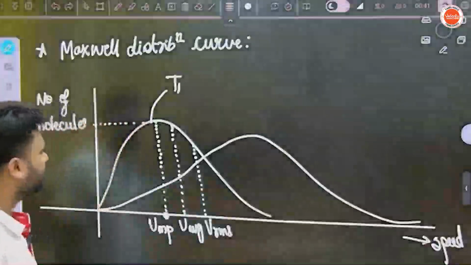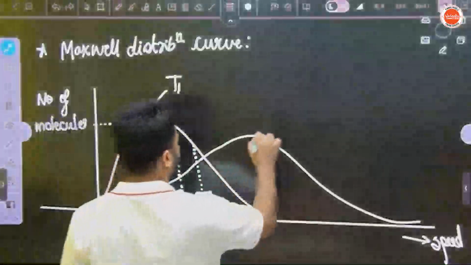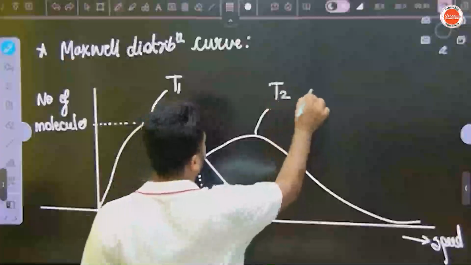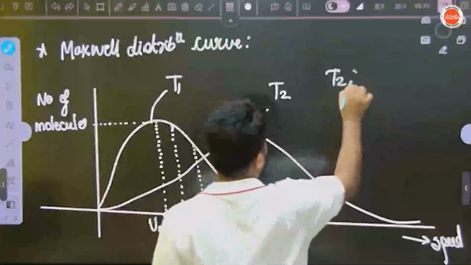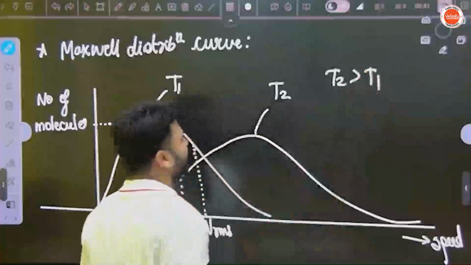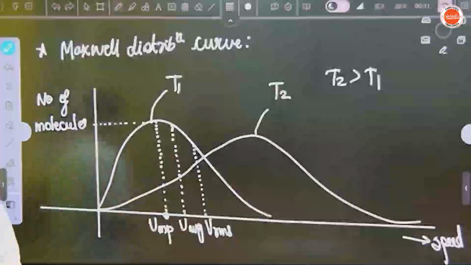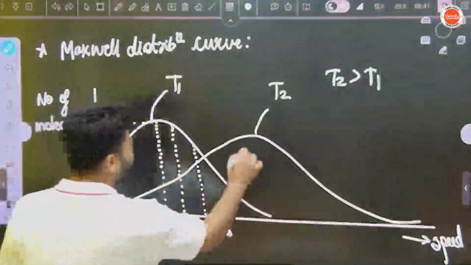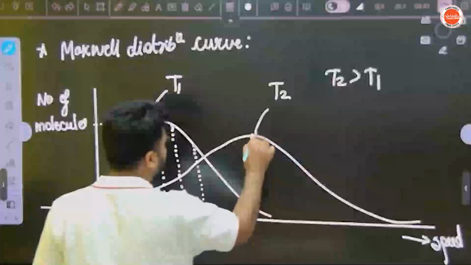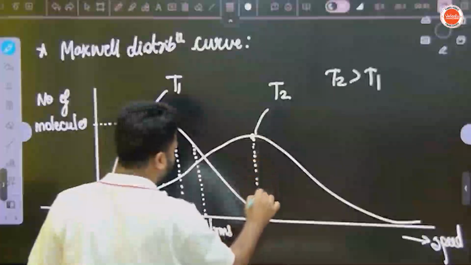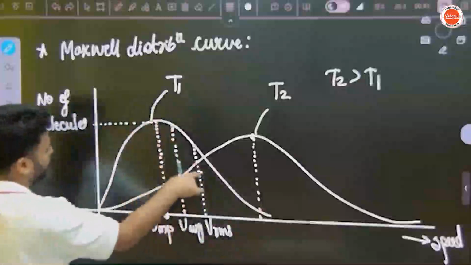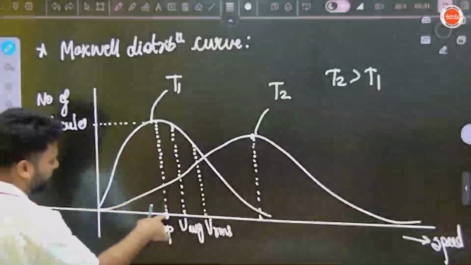See, this temperature T2, I am saying it is greater than T1. So here all the speeds will be more, because if you increase the temperature, speed will be more. Means the most probable speed will be more. See here for this T1, the most probable speed was here.